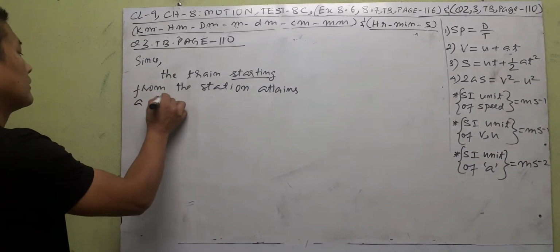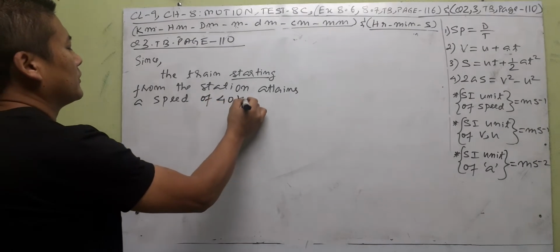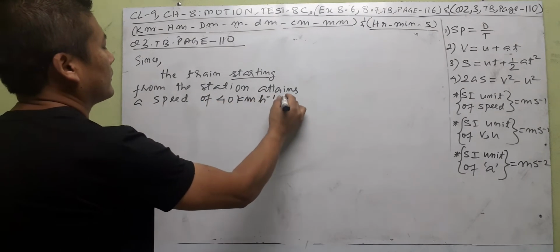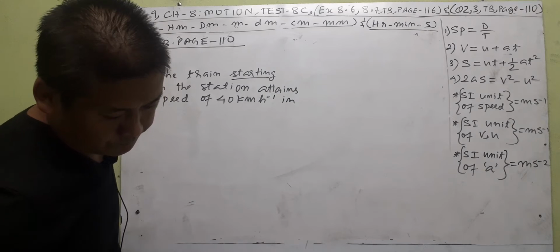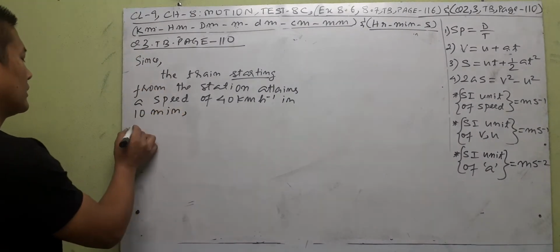Attains speed means here only velocity, speed of 40 km per hour in 10 minutes. This is what the question is telling us.